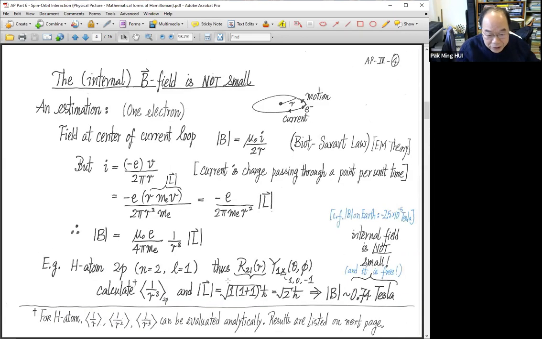And if you use this, the take-home message is you will get a field around 1 Tesla. Well, 0.7, a quarter, a 3/4. But you know, the field on Earth is just 10 to the -5 Tesla.